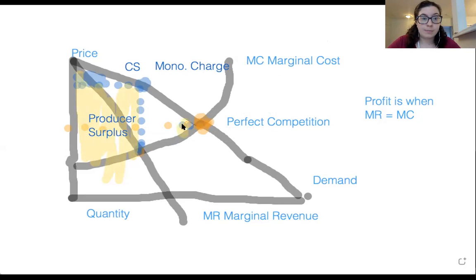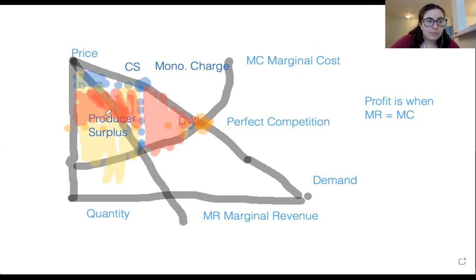I'm going to call it red because it's bad. Deadweight loss is this whole chunk here. And the other important thing here is that this part used to be consumer surplus and is now producer surplus.